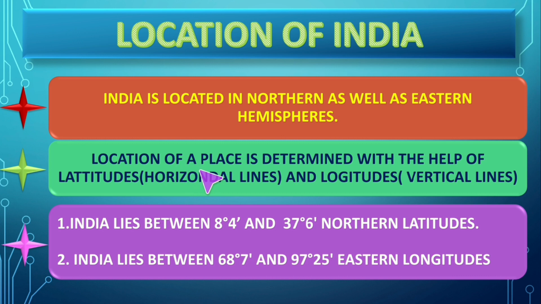Location of a place is determined with the help of latitudes, which are horizontal lines, and longitudes, which are vertical lines. India lies between 8 degree 4 minutes and 37 degree 6 minutes northern latitudes, and between 68 degree 7 minutes and 97 degree 25 minutes eastern longitudes.